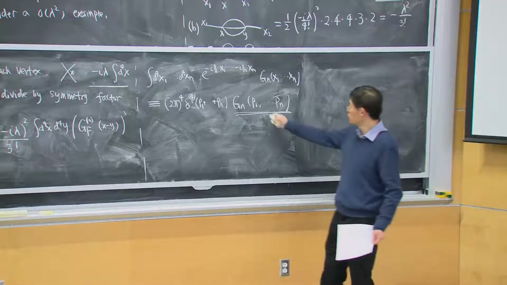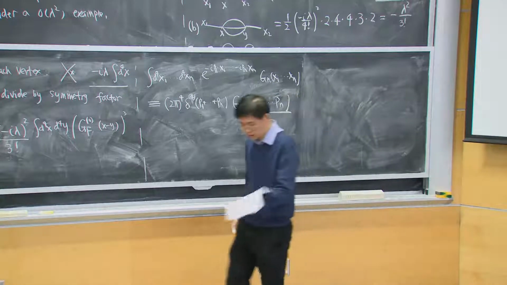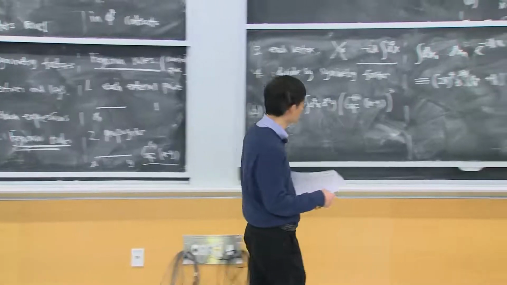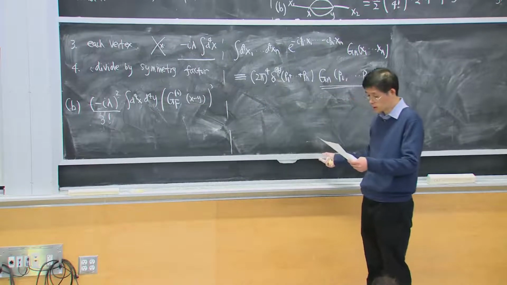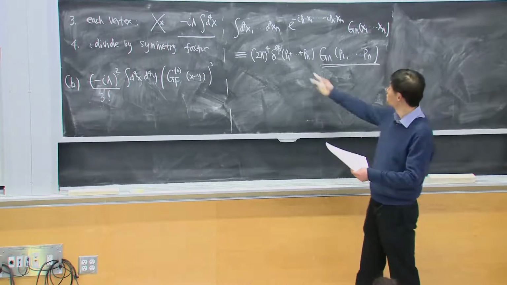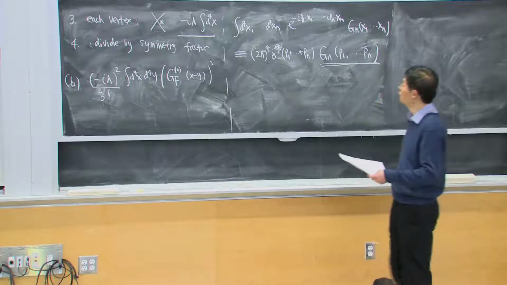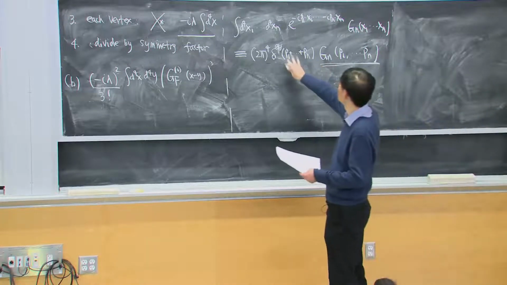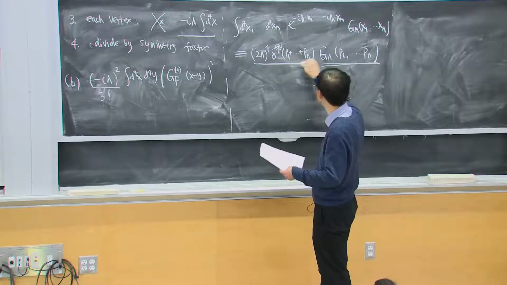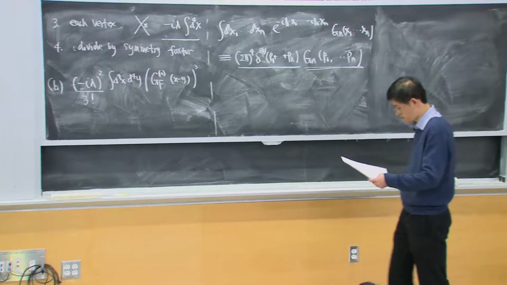So when we define the momentum space correlation functions, we extract out this factor. The reason to extract this is the momentum conservation. To see that there's a factor like this is very easy.